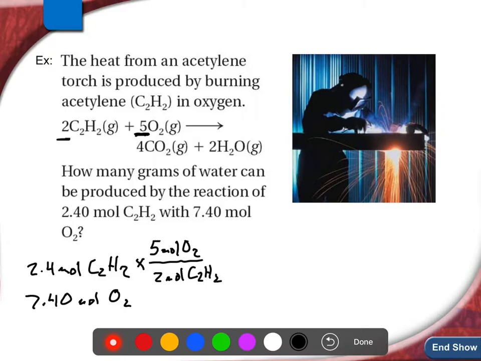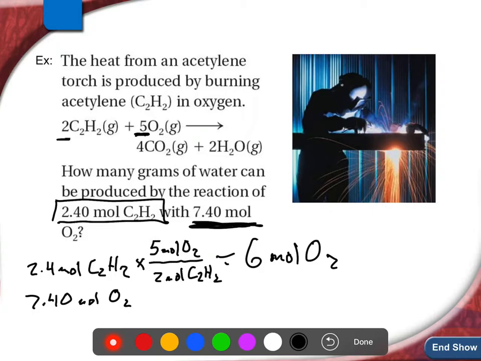So when you multiply 2.4 times 5 over 2, you get 6. So that means you need 6 moles of oxygen to totally react all of this. Well, do you have that much? Yes, indeed. You have more than enough oxygen. So oxygen is excess, ethene is the limiting.